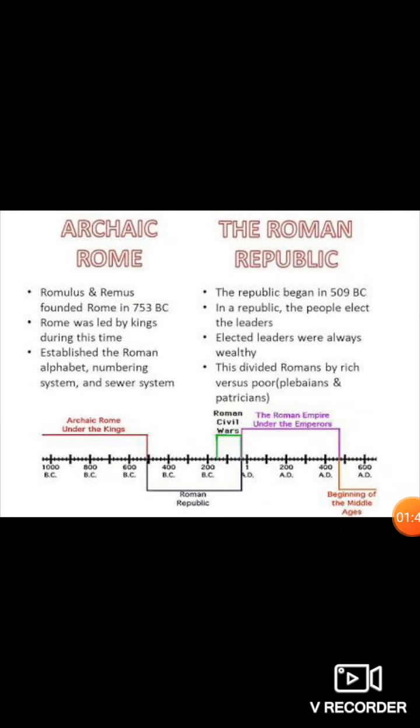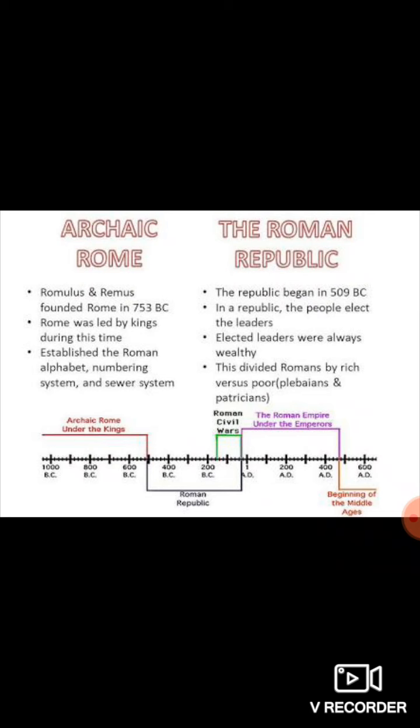Now, to know about the archaic Rome or the initial phase of the monarchy, it was believed that Romulus and Remus were the two brothers who founded Rome in 753 BC. Rome was led by kings during this time. They established the Roman alphabet, numbering system, and sewer system.